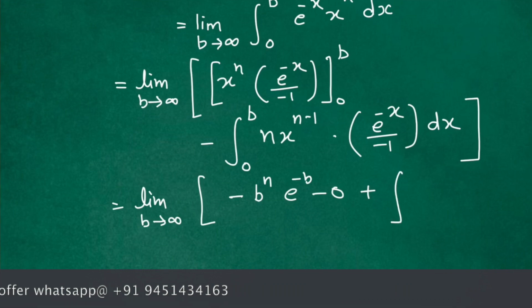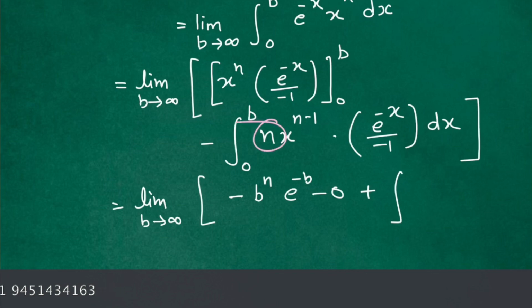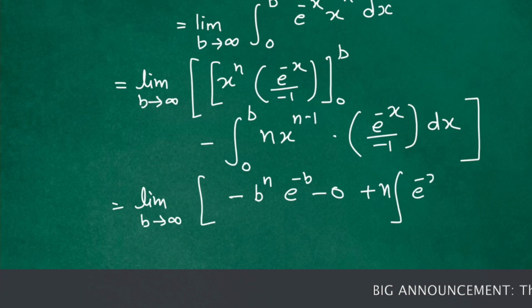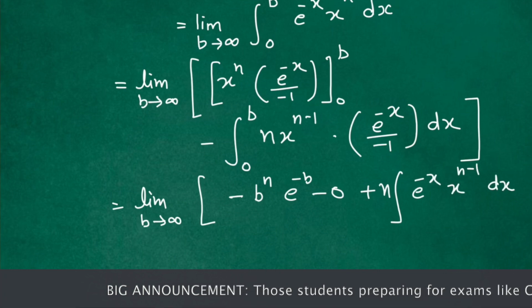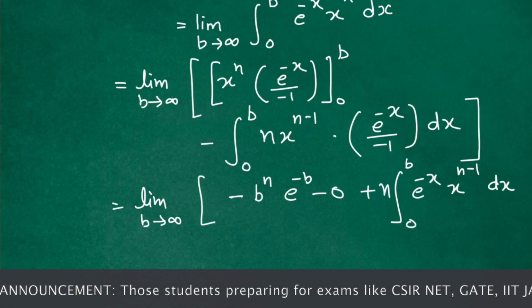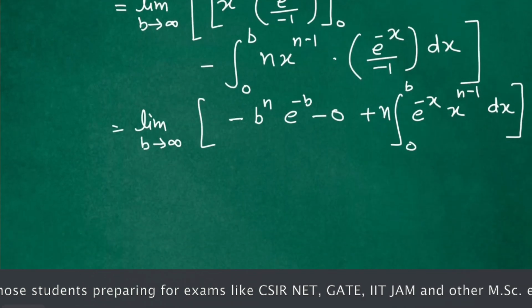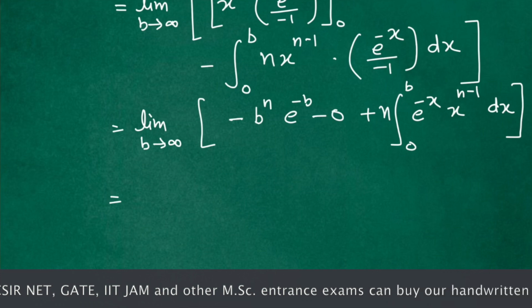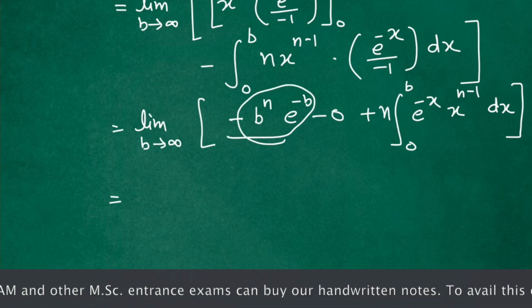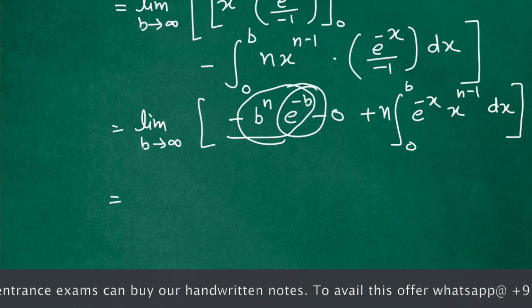Plus the integration, taking this constant n outside. So we have here n times the integration of e raised to minus x times x raised to power n minus 1, dx, with limits from 0 to b. Now let's find the limit. When we put the limit, the value e raised to power minus b goes to 0.